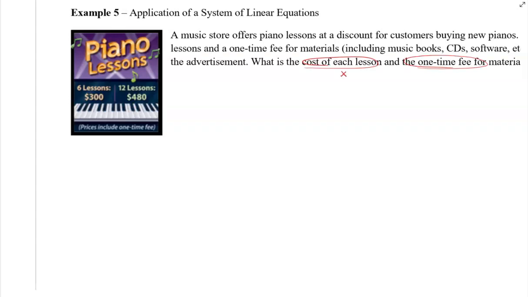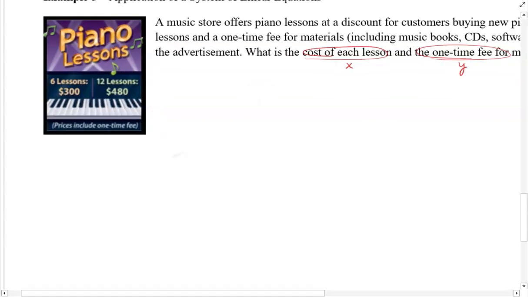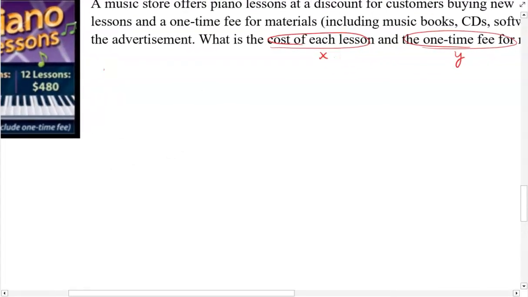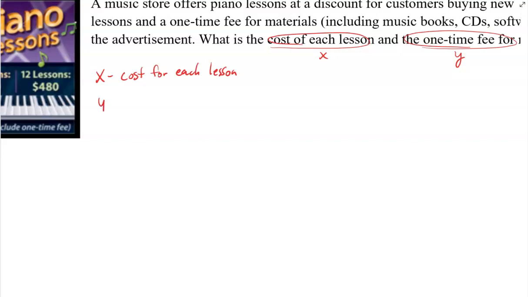So if I let those be represented by the variables x and y, I think we can build an equation from there. So again, I'm going to make a note that x is the cost for each lesson, and I'm going to let y represent the cost for the fee.